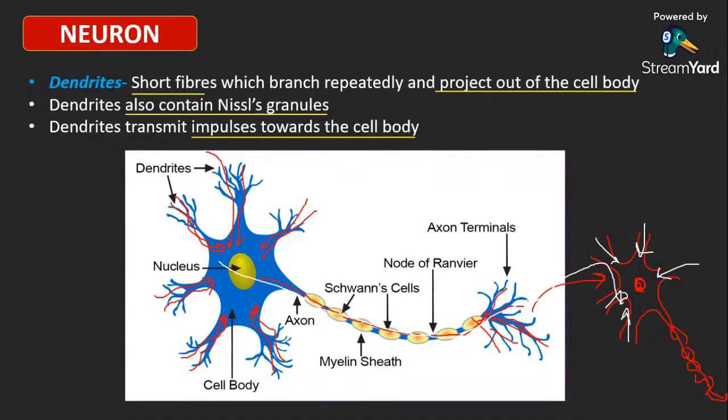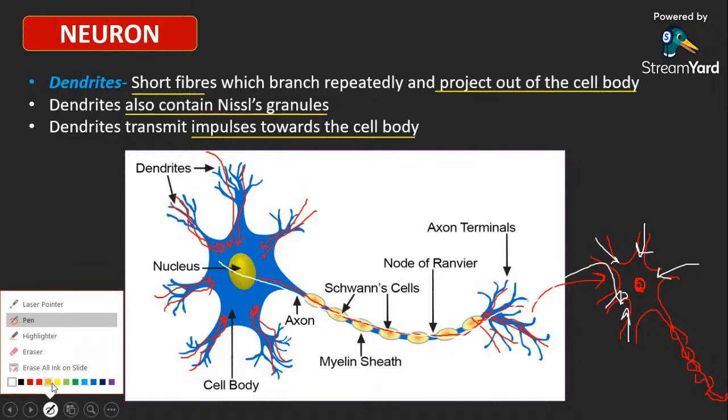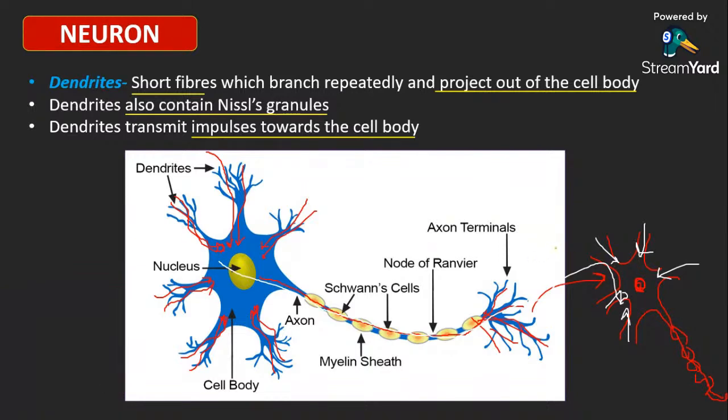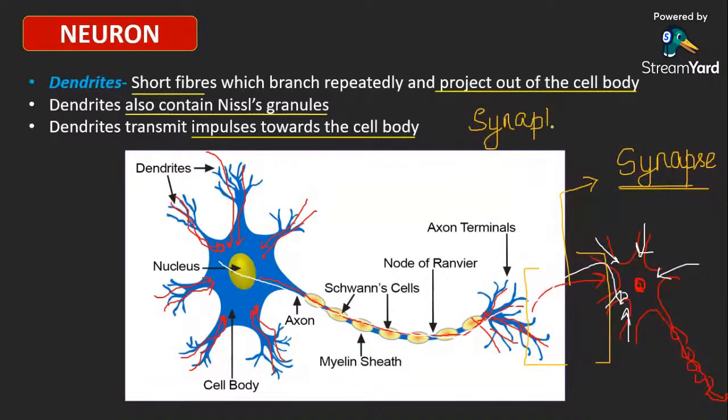Clear? One more important point which I have to tell you over here: the space between the axon terminal of one neuron and the dendrite of another neuron is referred to as the synapse, or you will call that space the synaptic cleft.